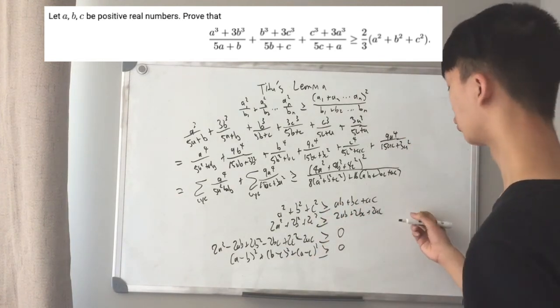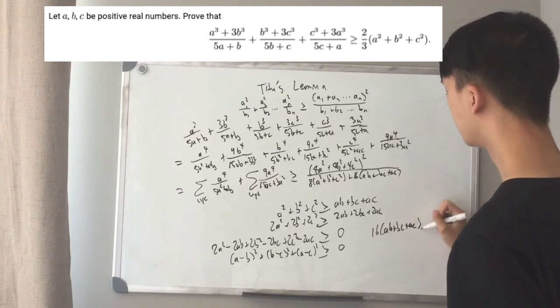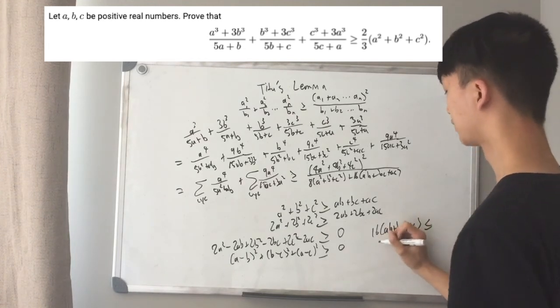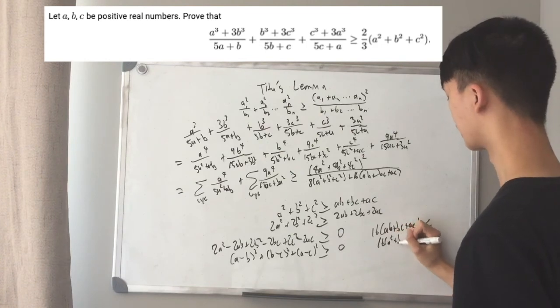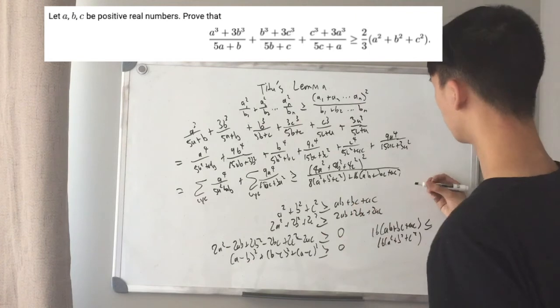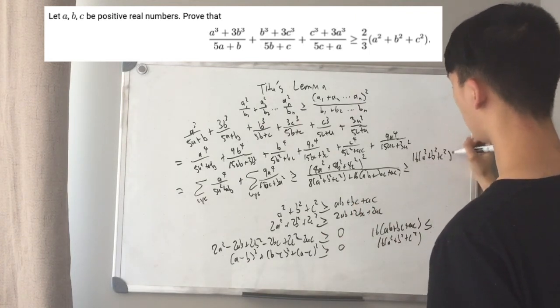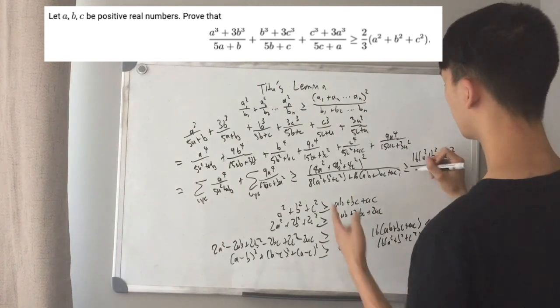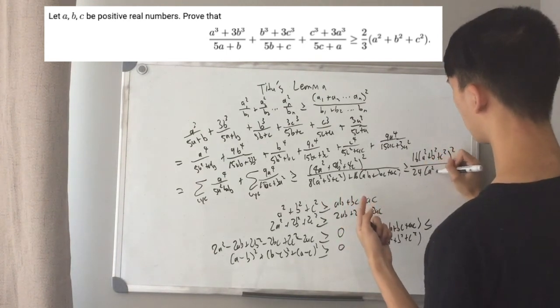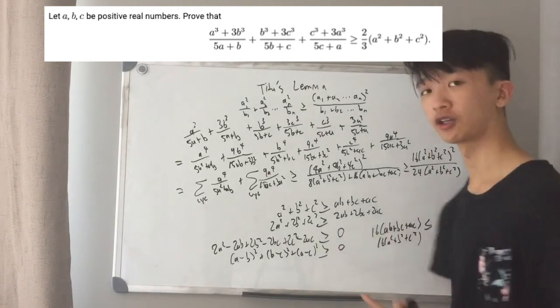So then it is true that 16 times (ab plus bc plus ac) is less than or equal to 16 times (a squared plus b squared plus c squared). And so we now know that this is greater than or equal to 16 times (a squared plus b squared plus c squared) all squared divided by 24 times (a squared plus b squared plus c squared). Now I'm going to move this all to the top and continue solving.